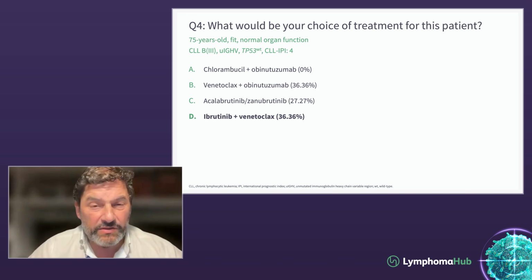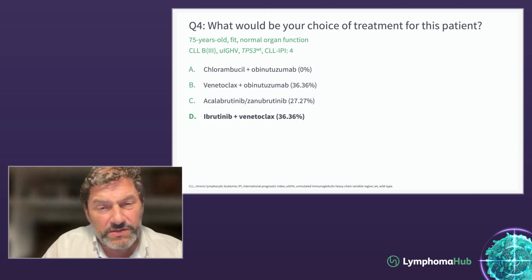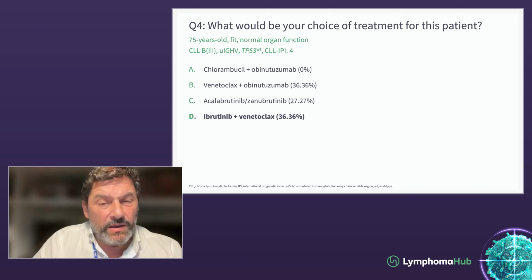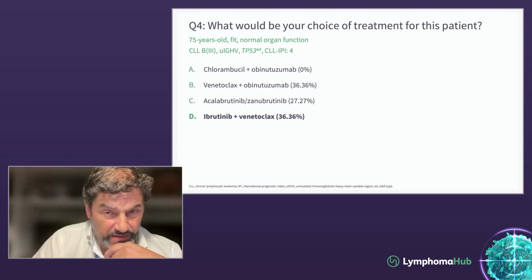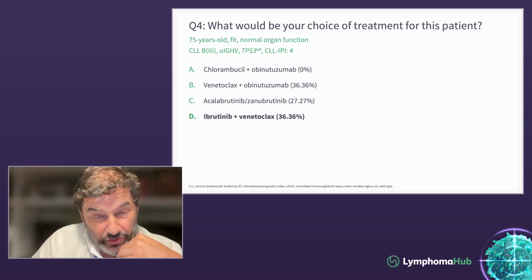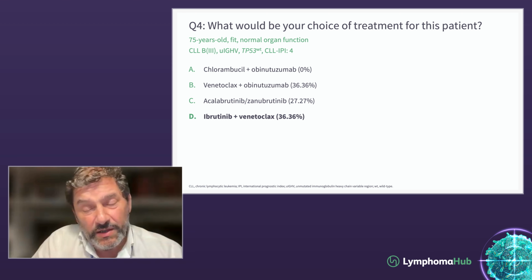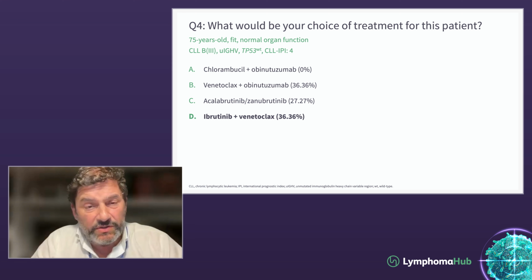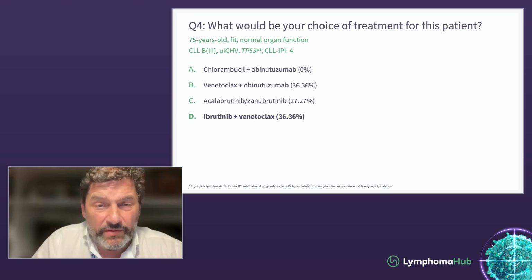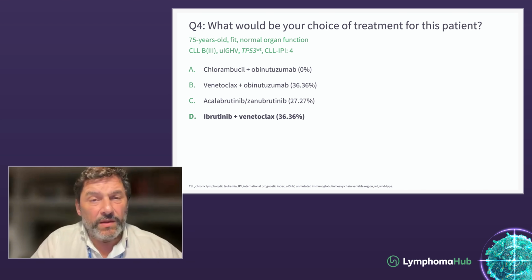Continuous therapy is also a good approach for those patients with unmutated IGHV, and the one that we are choosing now, ibrutinib venetoclax, I think is again another choice. We don't know which one is better, as Dr. Gia mentioned. We are still missing the results of the CLL17 that is going to shed some light on this, whether continuous or time-limited therapy is better.